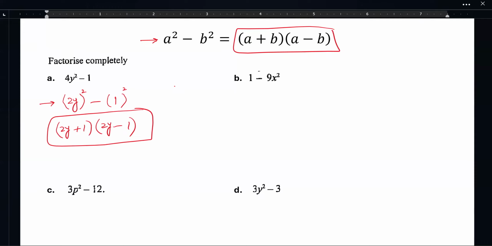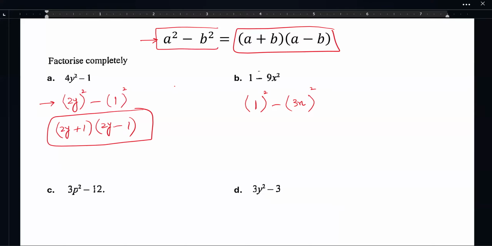Okay, and the second question. First things first, what should be under the square? The first term, yes, of course, it's 1. In the second part, it's going to be 3x. Now I can realize that I fulfill the first condition.